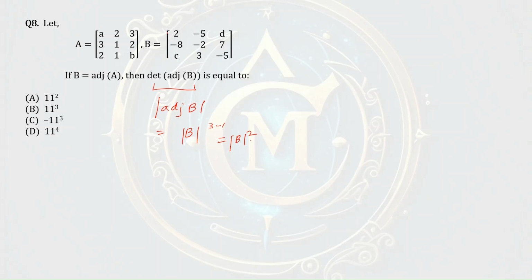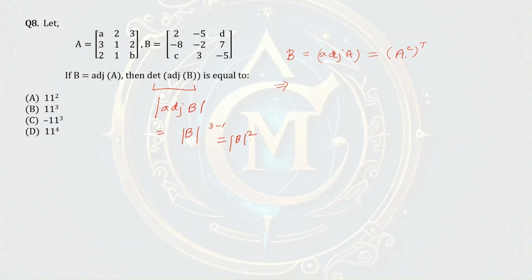Let us calculate this. Now, as B is adjoint of A, so we know that adjoint of some matrix is the transpose of the cofactor matrix of that matrix.